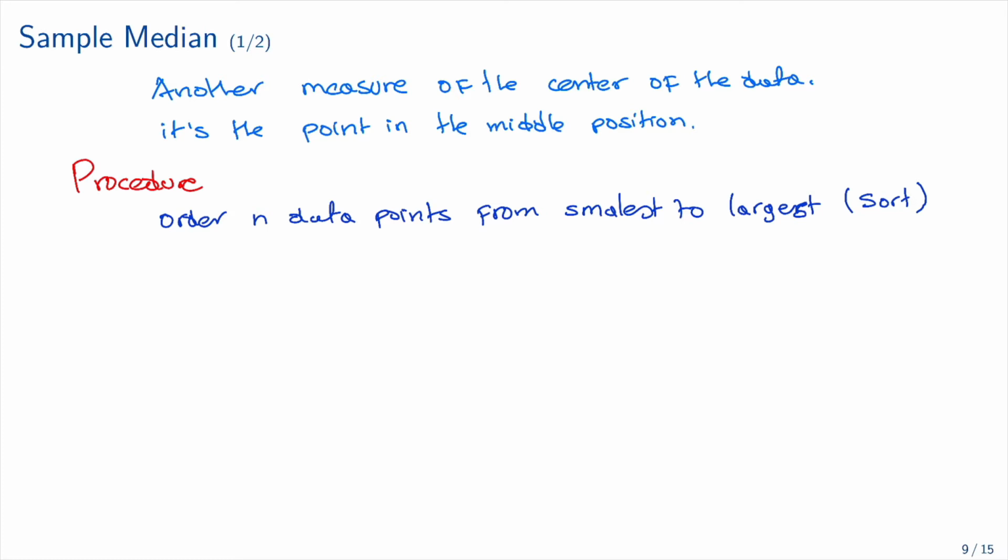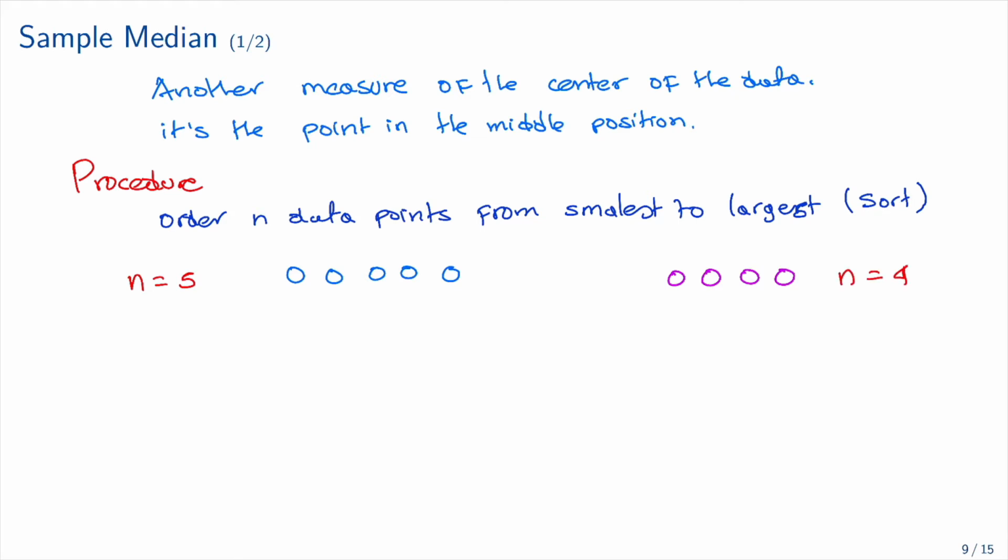Okay, and I'm going to suppose that we have 1, 2, 3, 4, 5 data points in this case, and in the second case I'm going to assume that we have 4 data points, and they are ordered. Now in the first case we have n equal to 5, and in the second case we have n equal to 4.